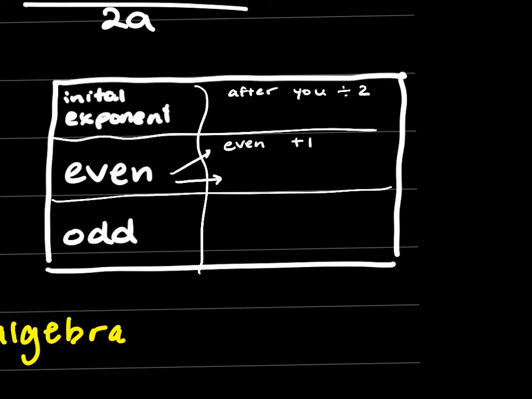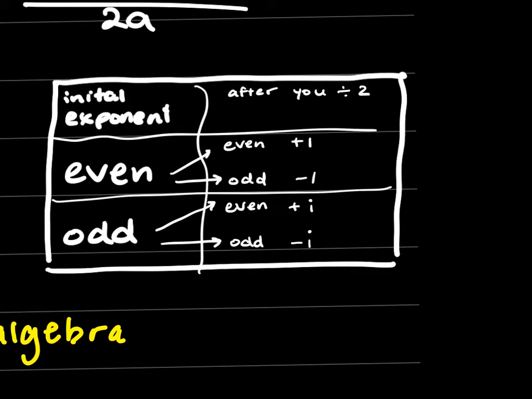If after you divide by 2, it's odd, it's a negative 1. If it starts odd, you divide by 2 and it's even, it's a positive i. If it starts odd and you divide by 2 and it's odd, it's a negative i.